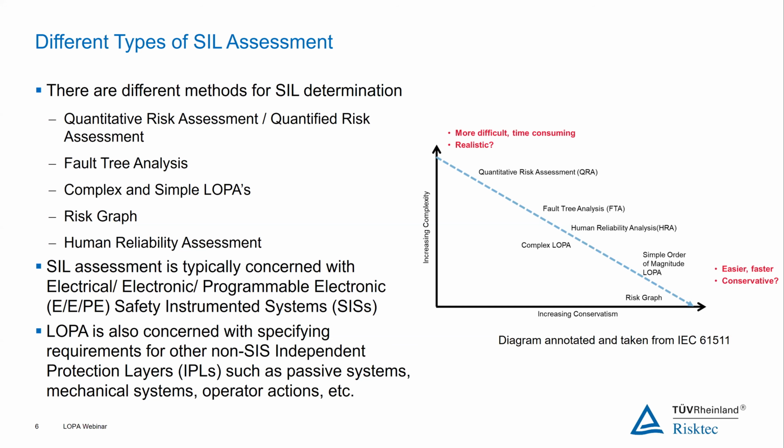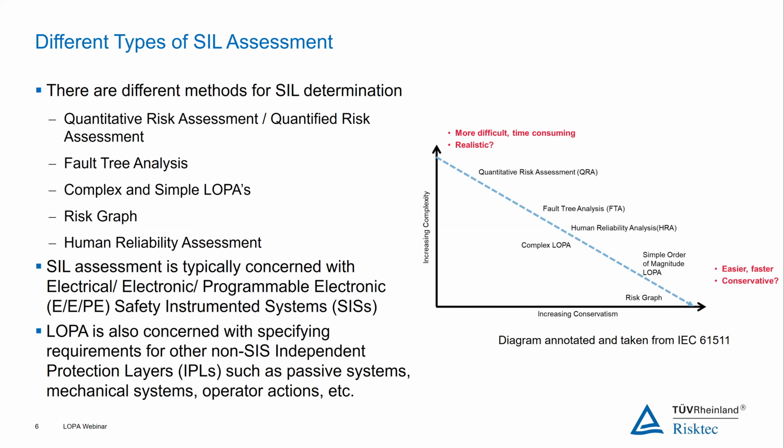The last one on the bullet points there, you see I hadn't mentioned it yet, is a human reliability assessment. Now, human reliability assessments do fall within this line, but obviously they're more focused on human error, human reliabilities, and the activities and operations carried out. Whereas most SIL assessments are typically more concerned with actual systems and equipment, so electrical, electronic, programmable electronic systems, so E/E/PE.